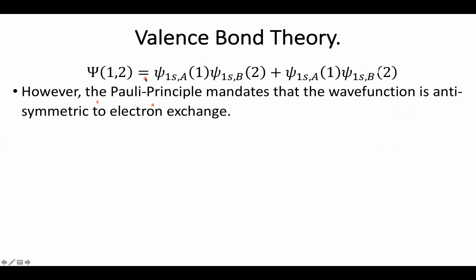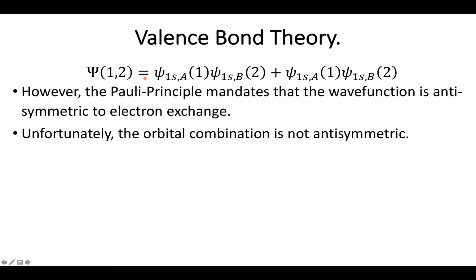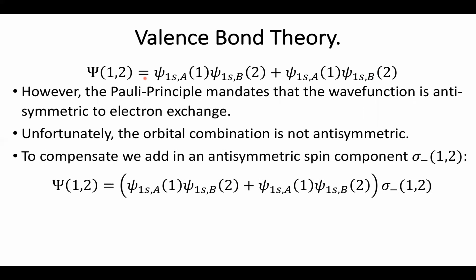Unfortunately, as you would expect from the symmetric combination of the orbitals, it is not antisymmetric to exchange. Means I forgot something. So we have to solve this problem the same way we did last time. We have to deal with the antisymmetric component, and we can do it by bringing in spin.